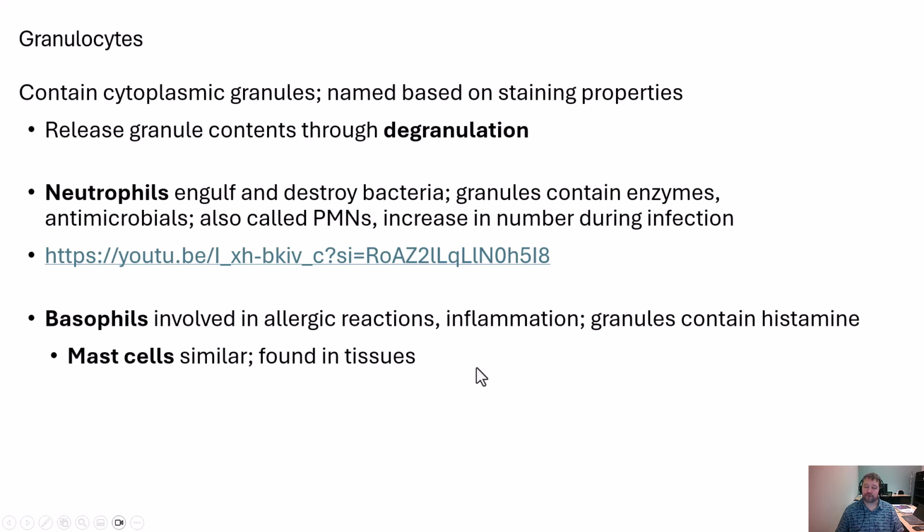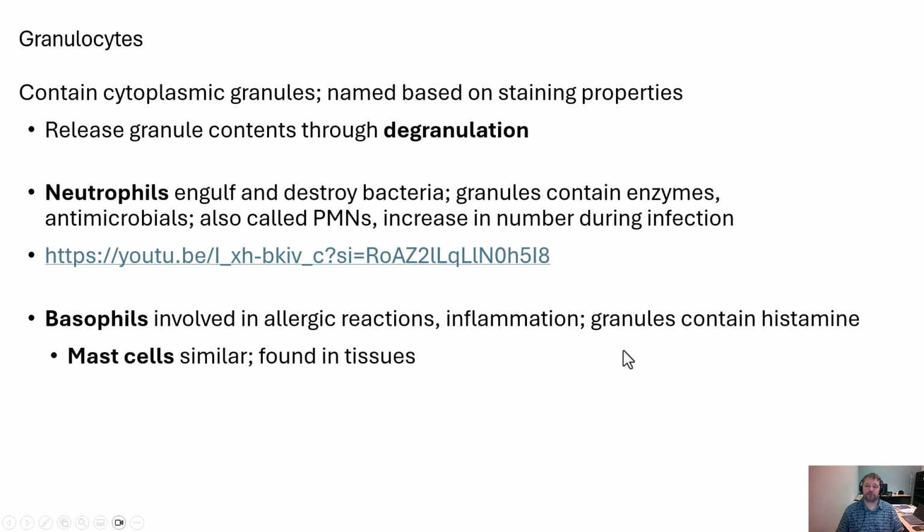Basophils, like I already talked about a little bit before, are often very active during allergic reactions. They react to things that are not living, like pet dander or fur, and reactions to living things like pollen are normally associated with basophils.